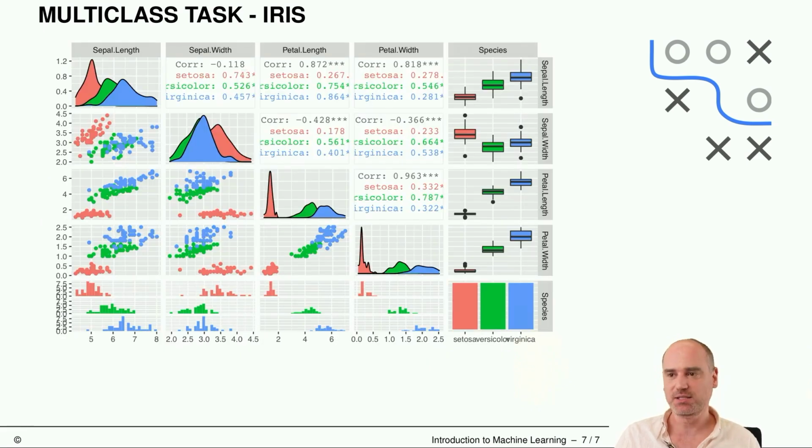And here's a final slide with some exploratory data analysis on the iris data set. You can see 2D scatter plots for all pairwise combinations of features. You can see the histograms, or density plots, for the marginals of the features.